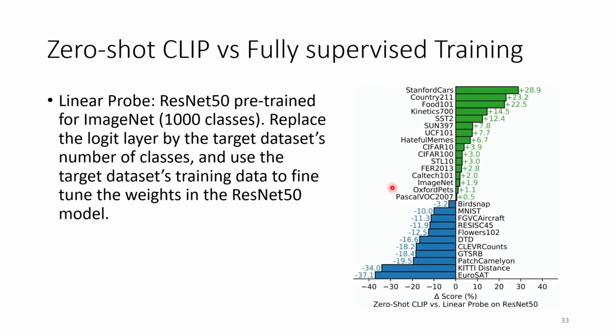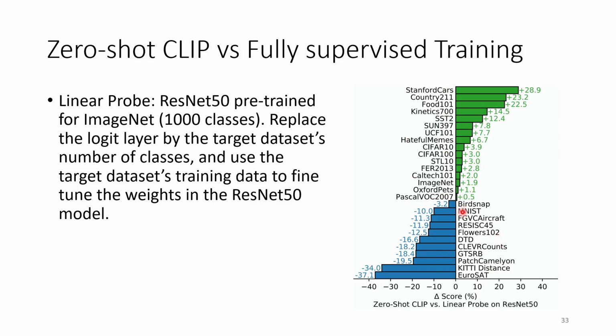And this is their performance. They just use the 400 million training data to pre-train the transformation matrix, and then they no longer need any training data from the 27 datasets.